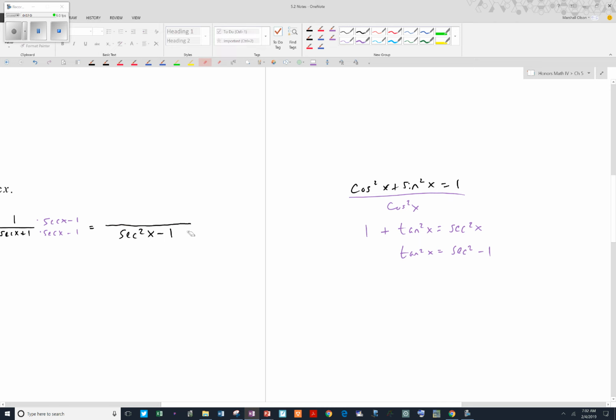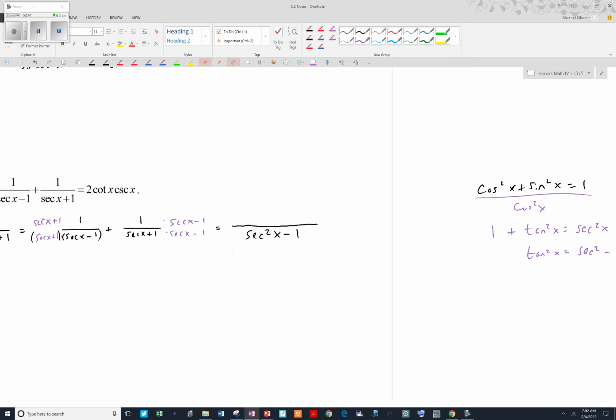So I know I can replace that denominator with tangent squared if I need to. In the numerator, we're going to have secant of x plus 1 times 1. Well, that's just secant of x plus 1. And here I'm going to have secant of x minus 1. We don't even have to worry about distributing because it was a 1 that we had there. And then we're adding those together, so I'm going to put an addition sign right there.